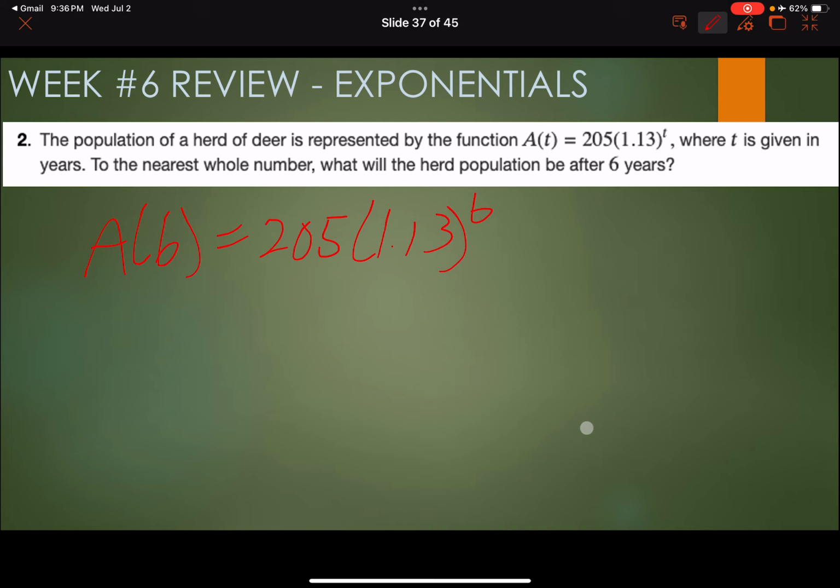We put that in the calculator, and I get 426.8. But it said to the nearest whole number, so we would say that 427 would be the herd number. Hopefully you got that for your answer.